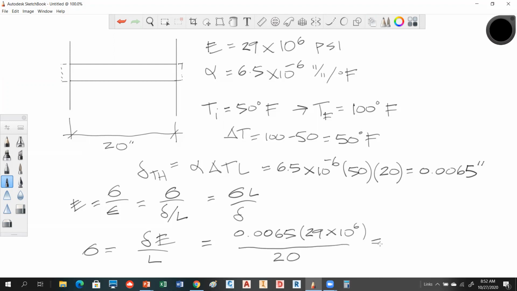Let's see what we come up with. Isn't that interesting? We get the same number, and we should get the same number. If we don't, something's wrong.